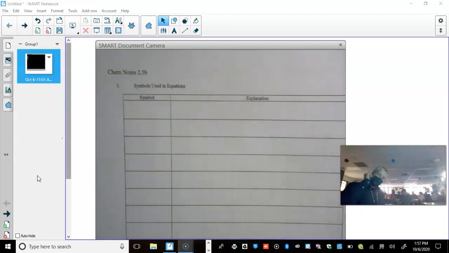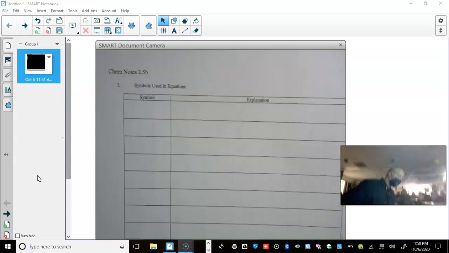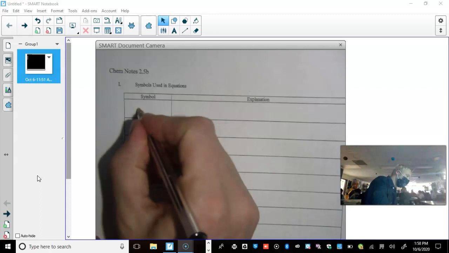What we got going on is how to write equations. But there's a few symbols that we need to get down first. Okay, so first thing is going to be the reaction arrow.